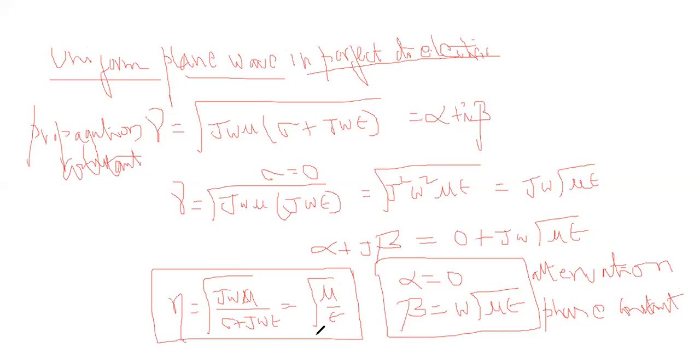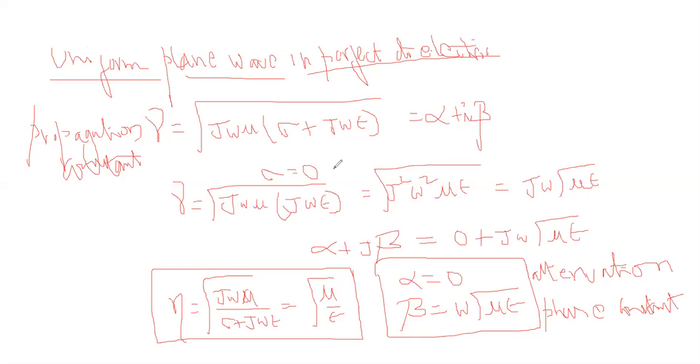Now, this is a lossless dielectric. Why is it lossless? If there is no attenuation, alpha is 0, so simply we can say it is a lossless dielectric. It is an ideal condition only, where sigma is 0.